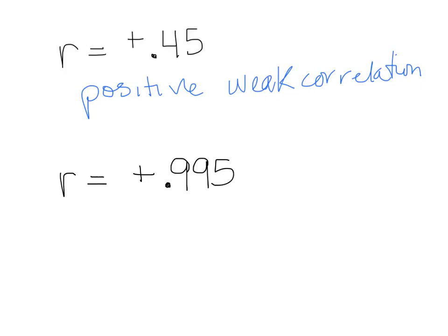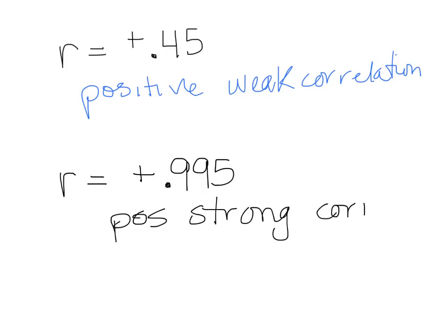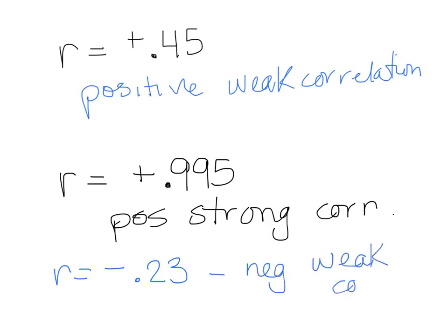And how would you describe the correlation with the coefficient 0.995? Again, it would be a positive, but a strong correlation. And if you looked at R equal to negative 0.23, I would definitely call that one a negative and a weak correlation.